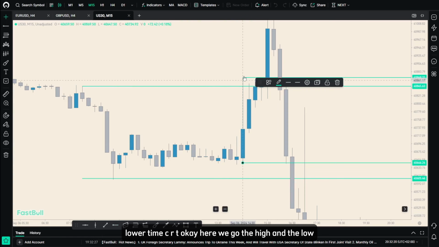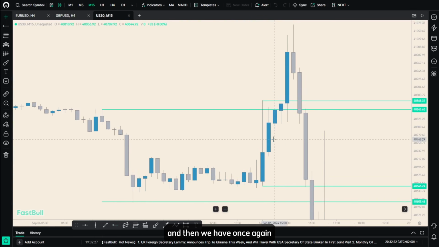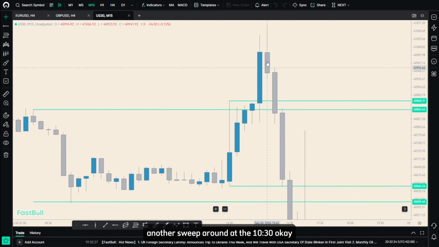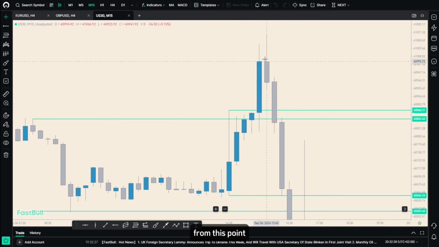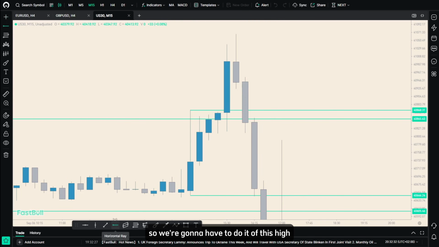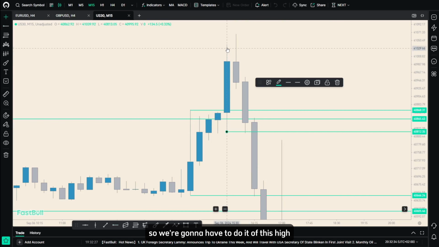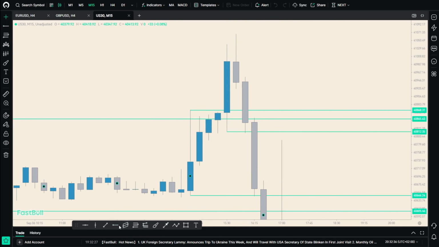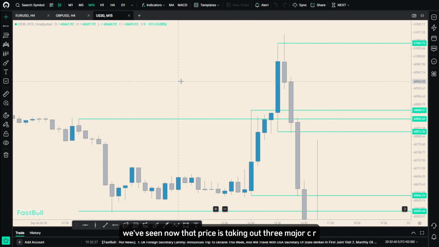Here we go, the high and the low. And then we have once again another sweep around at the 10:30, okay? From this point, we then have yet another CRT form out of this high and of this low. So from this point, we've seen now that price is taking out three major CRT highs.